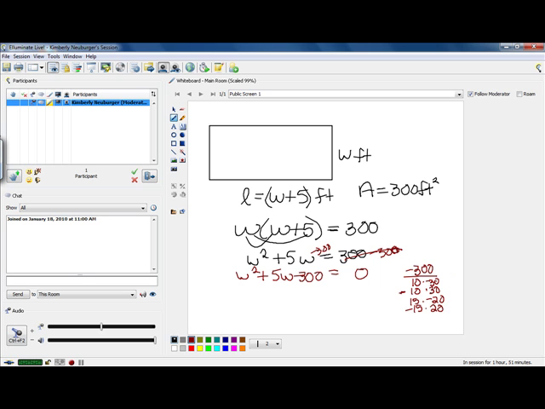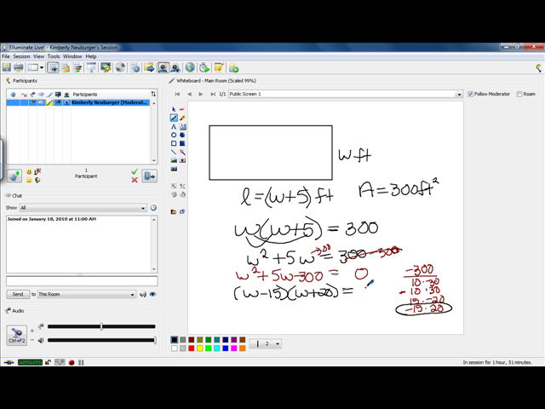And notice that starting up a little larger, we were able to get to our 5 quicker because negative 15 plus 20 is that 5 that is our B. So we can go ahead and factor this since there's 3 terms and a 1 for our A. We can use our shortcut and make this W minus 15 times W plus 20.